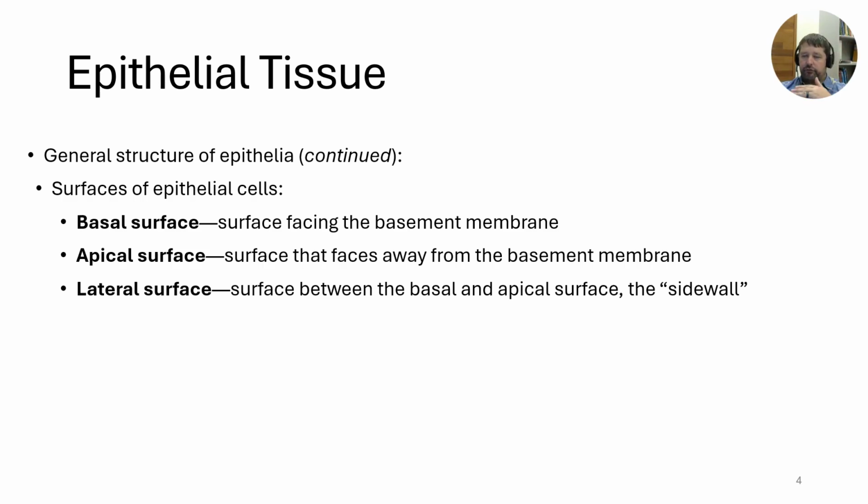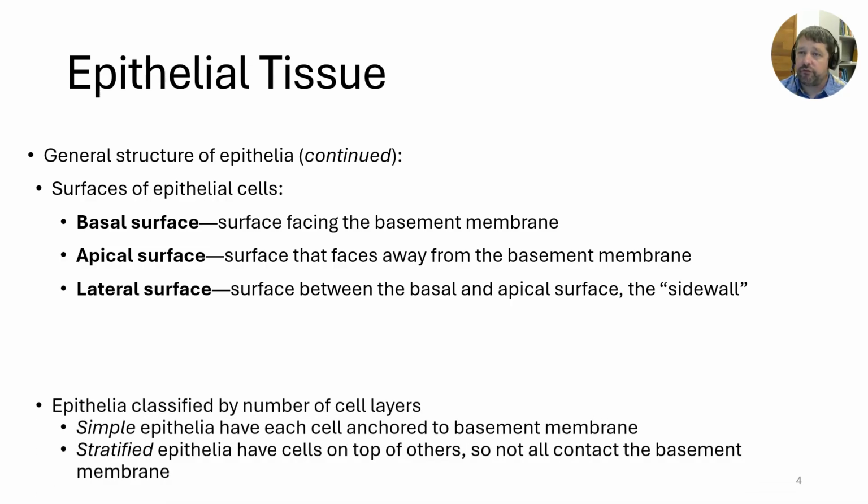So the basal surface is associated with the connective tissue, and the apical surface is on the outside, normally facing the environment. That could be the internal environment, but it's also the external environment. And the lateral surface is all the stuff in between, which sometimes just gets called the sidewall.